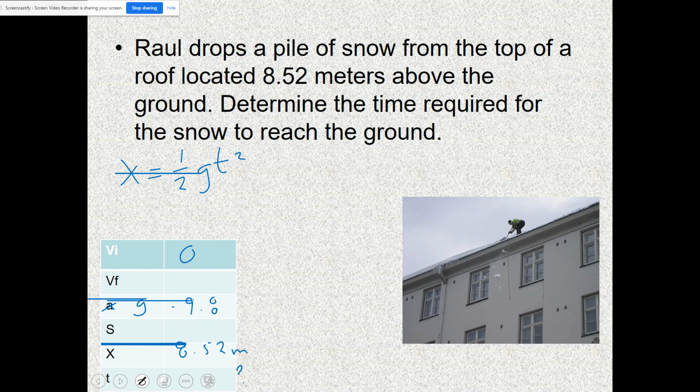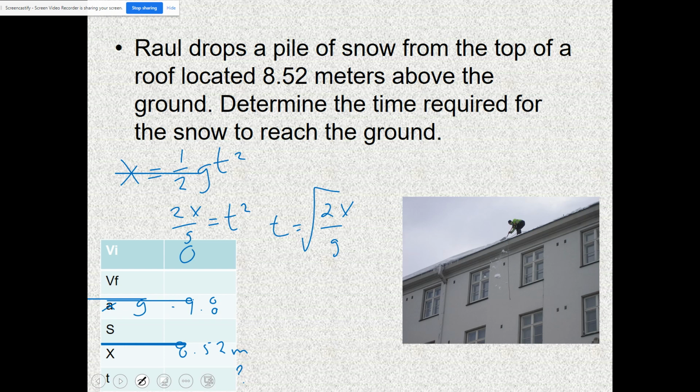If you look on your formula sheet, I solved for t for you. Then I'm going to times by 2 on each side and divide by g. So I'm going to get 2x over g is equal to t squared. And so now I'm going to have to square root each side, and I get that t is equal to the square root of 2x over g, like that.